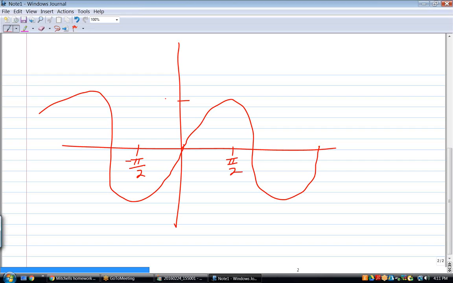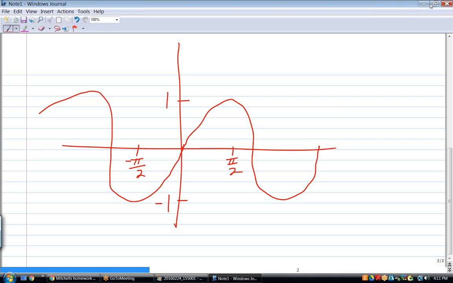The range goes from +1 to -1, right? And when I reflect this over the line y = x, which is how we get all inverses, my domain and range change.